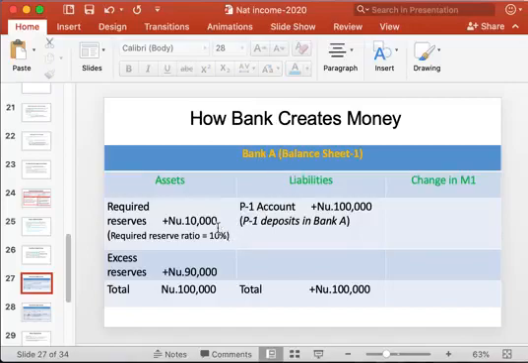But on demand, they can claim the 10,000 Newton from the central bank.